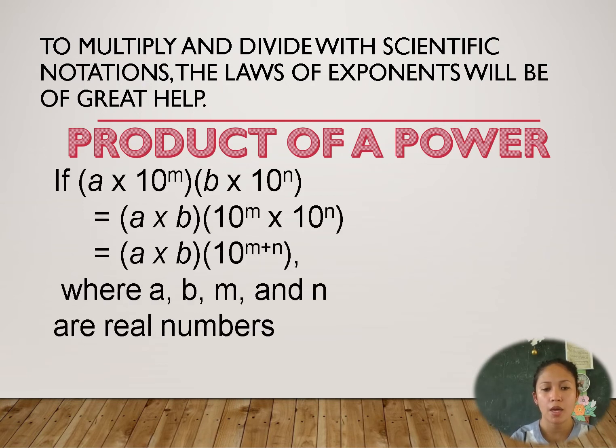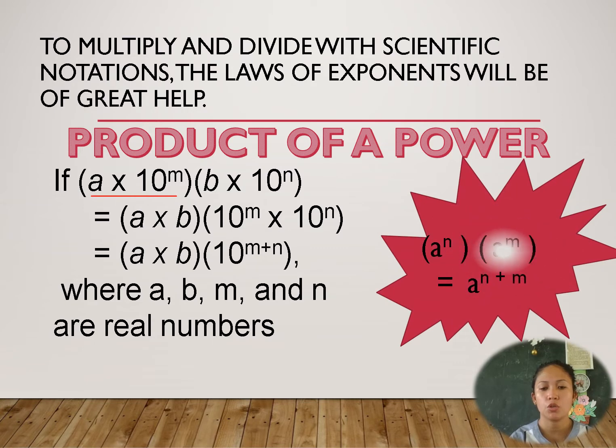If a times 10 to the power of m, times (this parenthesis here means multiplication) b times 10 to the power of n, then for this first scientific notation, your first factor is a.